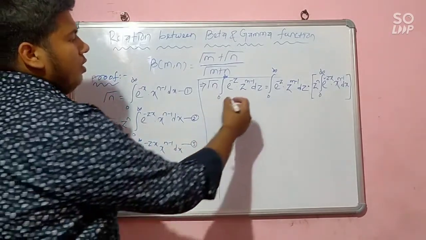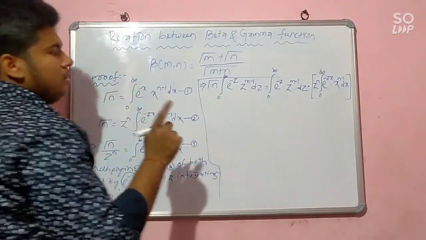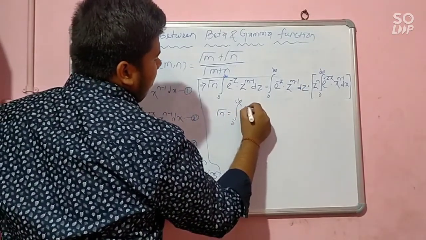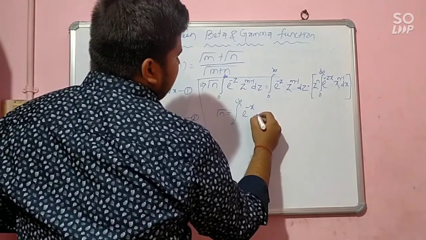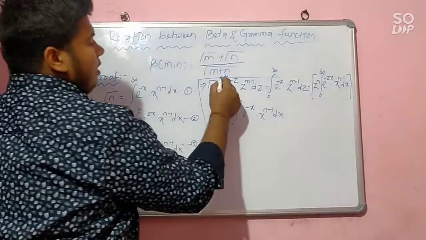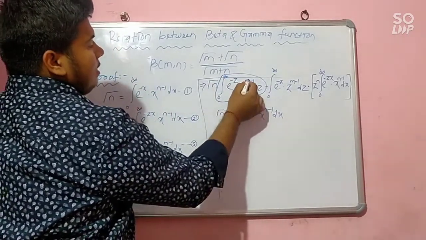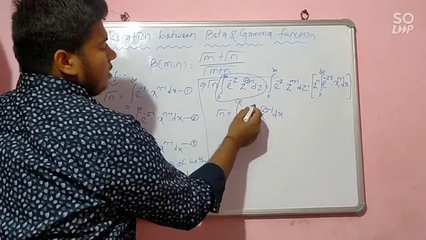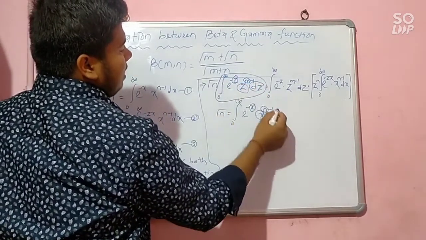Okay, so when we arrange this, see, we know by the definition of the gamma function, gamma n is equal to the integral from 0 to infinity of e to the power minus x into x to the power n minus 1 dx. So see, in this term, in the place of n here is m, and in the place of x here is z, and in the place of dz here is dx.